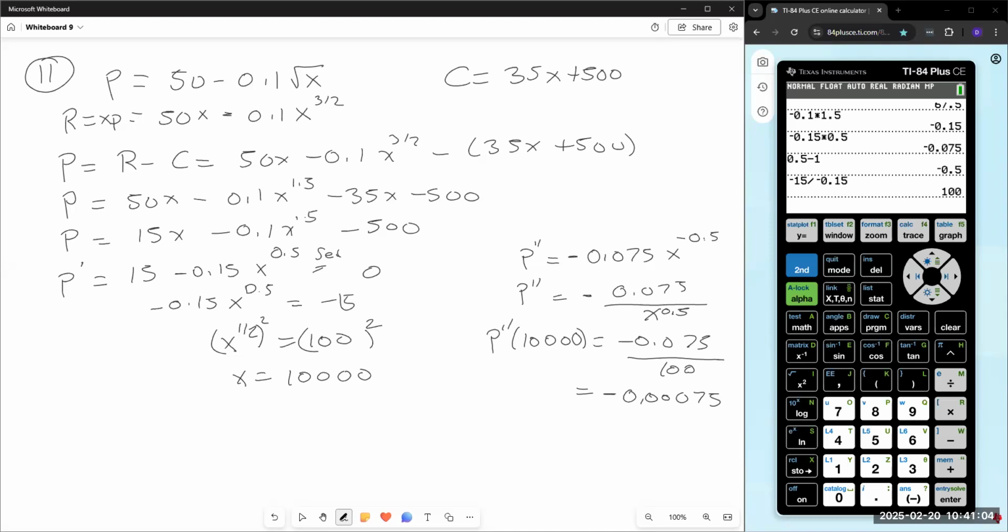So because P double prime of 10,000 is less than 0, P has a local max at x equals 10,000 units.